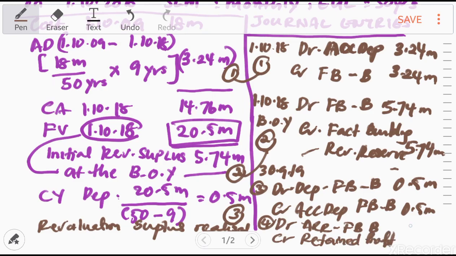How much? What you calculated just now was 140,000, so 0.14 million.